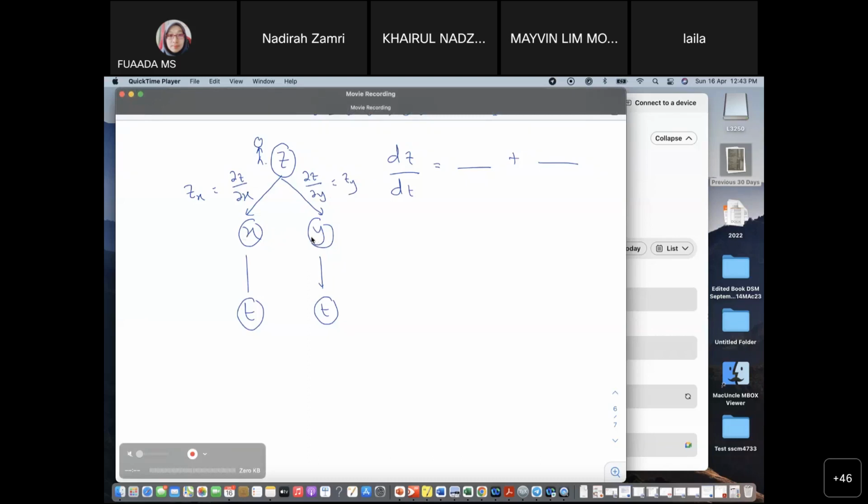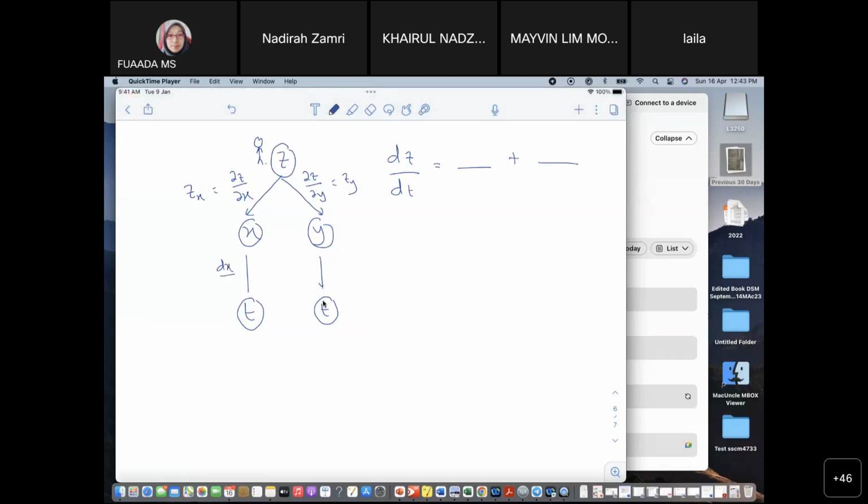Okay, now from X to T, because there is only a single parameter under the Y and under the X, we just use dx over dt. And this one dy over dt.